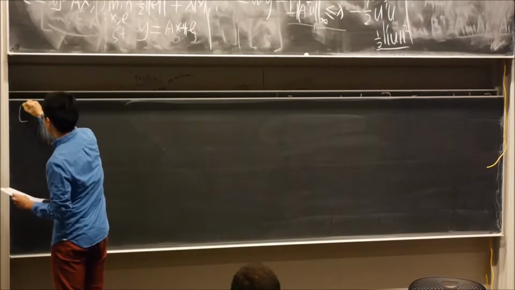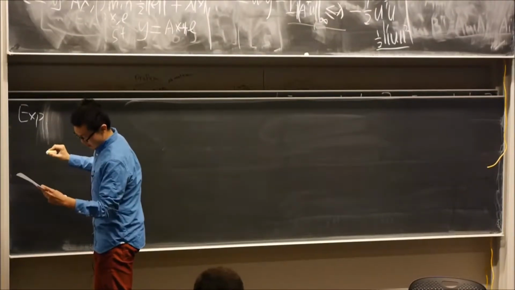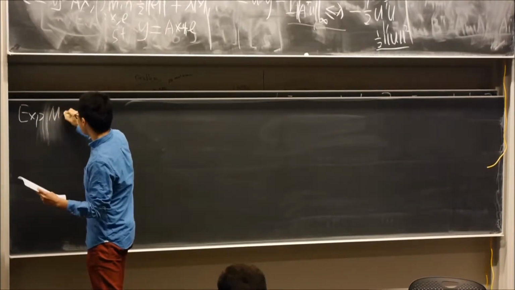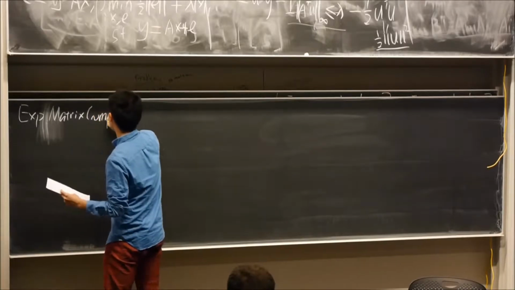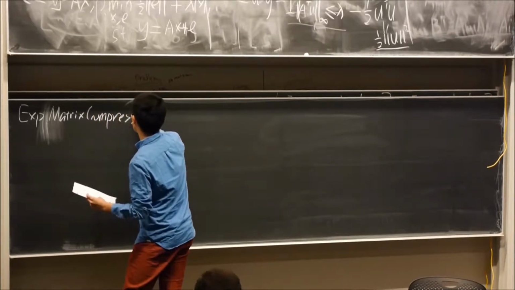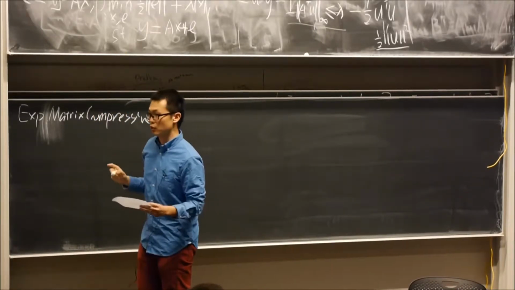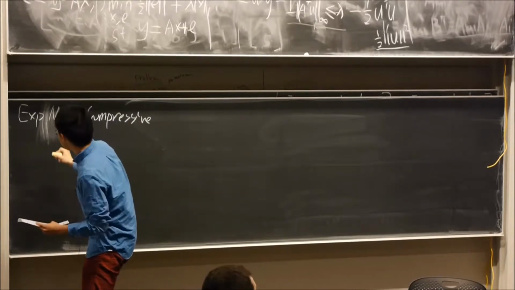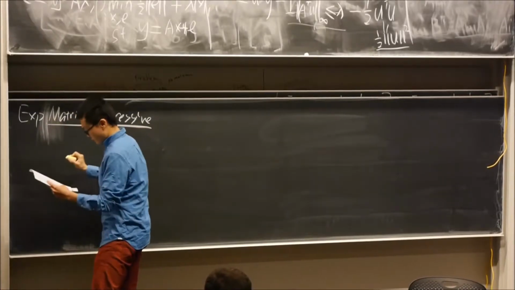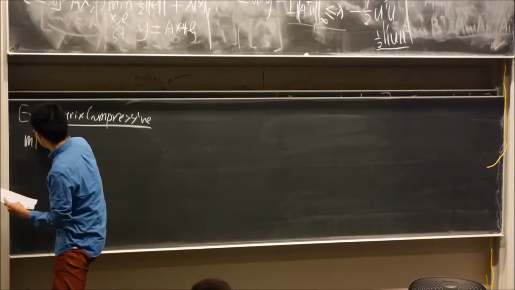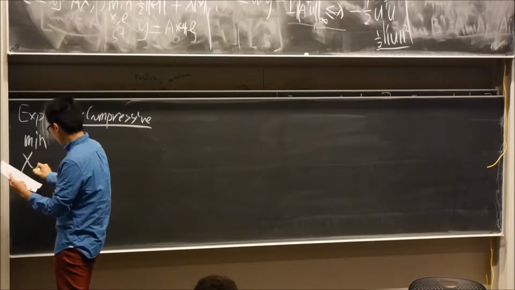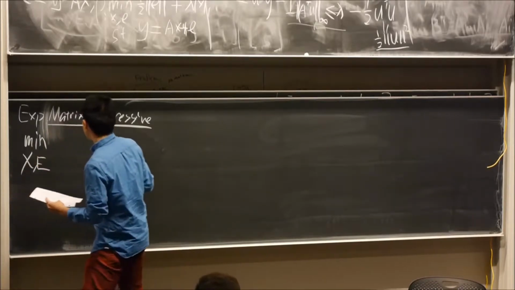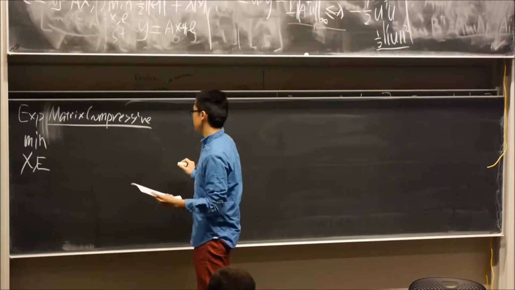Now let's look at something more sophisticated. Let's look at the so-called matrix compressive sensing and try to derive its dual. It's very simple. It uses the same Fenchel conjugate and dual norm argument here. Suppose X is a matrix, and we also have an E that has the same dimension.